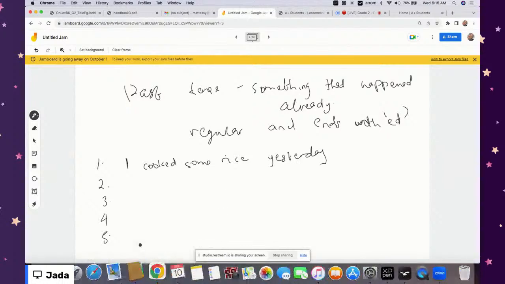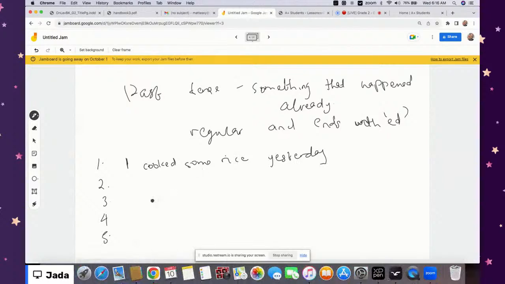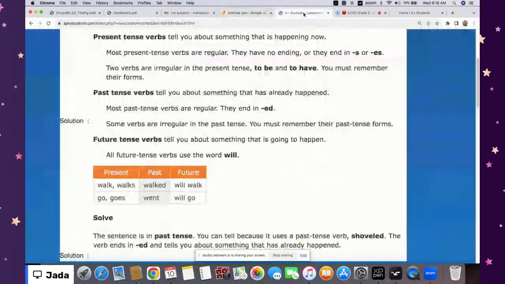Okay, so Ahana, that's your name. I went walking. Now, when you say I went walking, it is in the past, but it is irregular. That's why here we said that some verbs are irregular in the past tense.